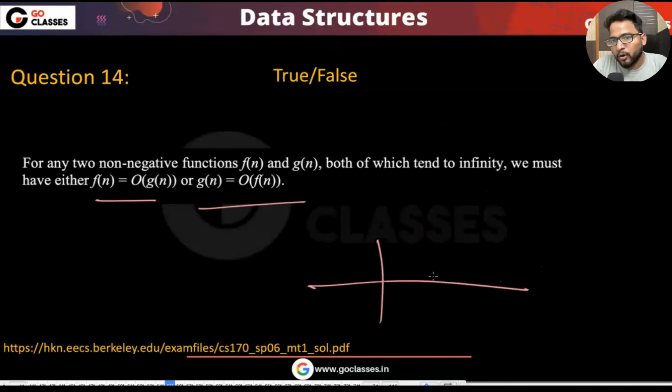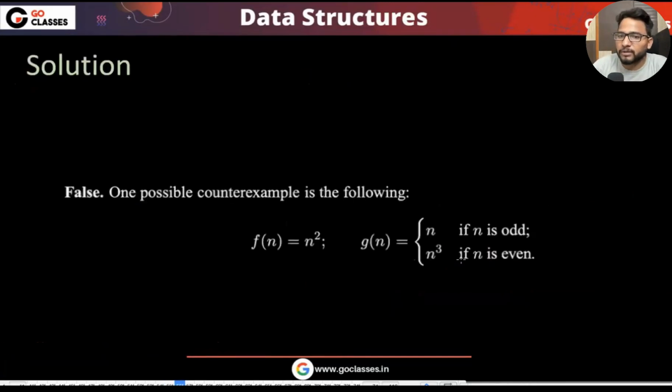They can always oscillate, up and down. One of the examples I have given, apart from sin n: fn is n square, but gn is sometimes lesser. At one number it is lesser, then at another number it is greater. Gn is a piecewise function like this. So it is not true that fn and gn are always related; you can't compare fn and gn in this case.